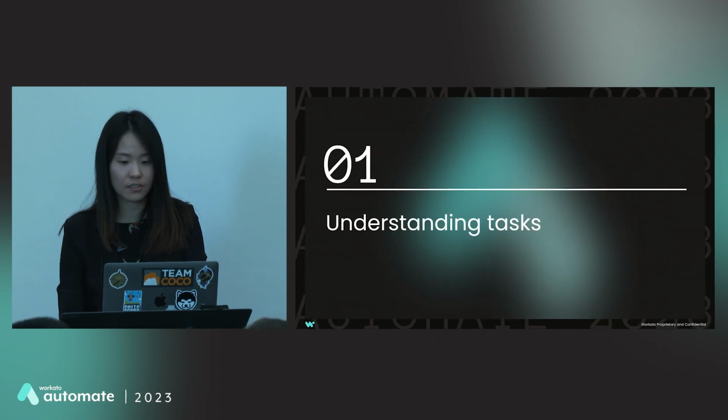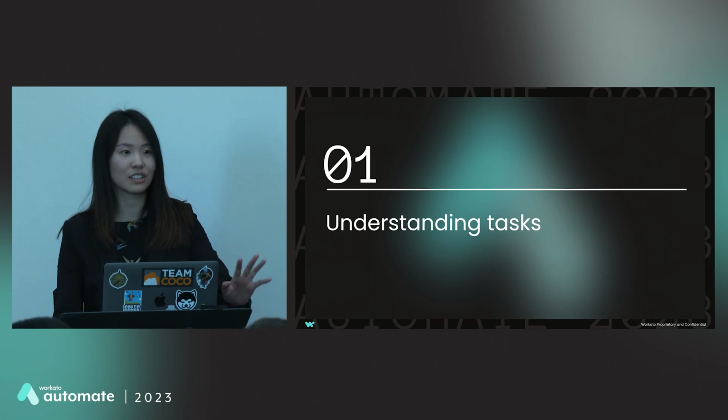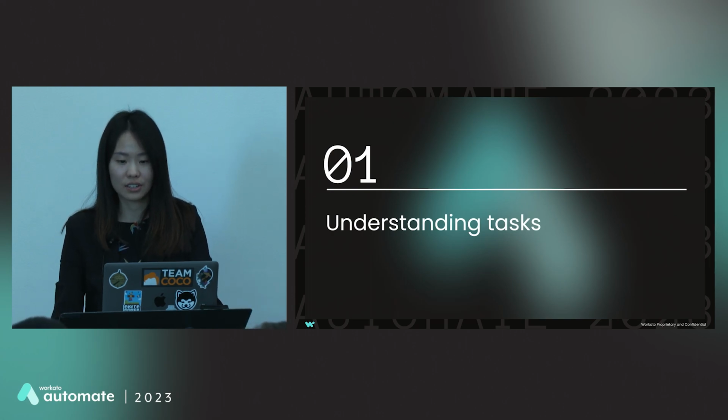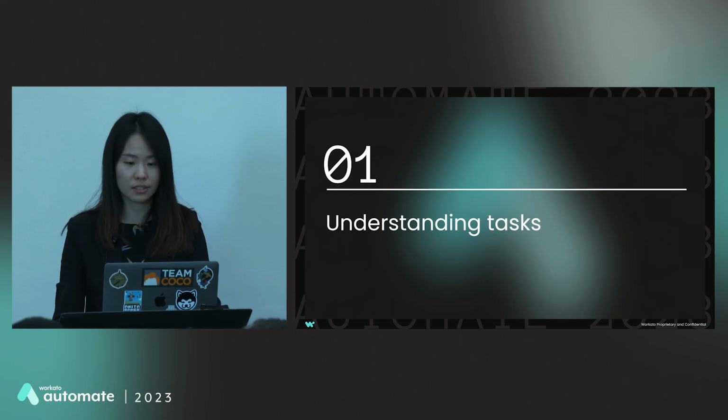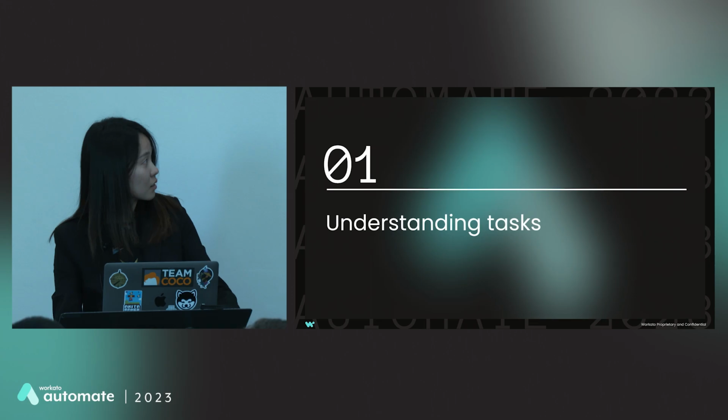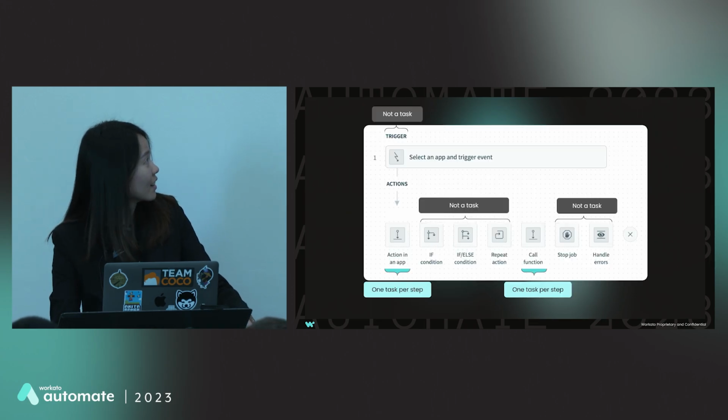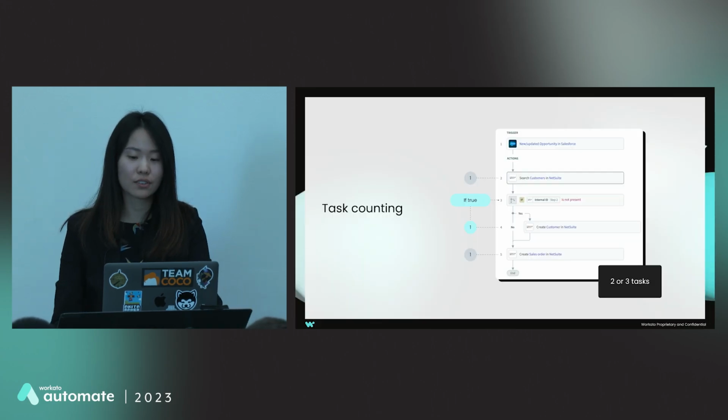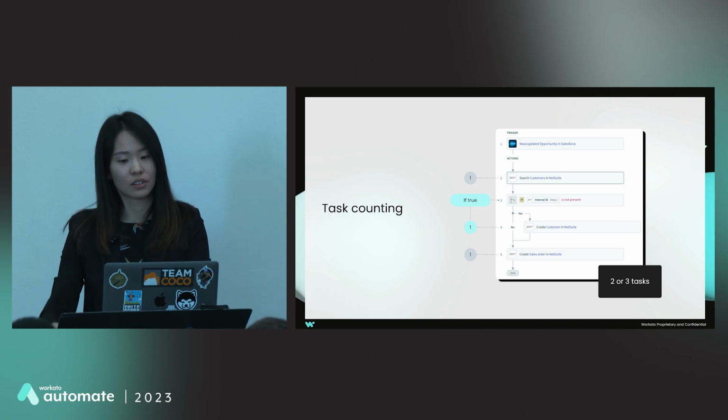All right. So let's start with understanding tasks. So this will be a relatively short session. I think everyone here should be quite familiar, so I won't go into too much of the nuances about what is a task or how we count tasks. But I think very simply, all the executed actions in the recipe, depending on the logic flow for that particular job, are considered tasks, right?